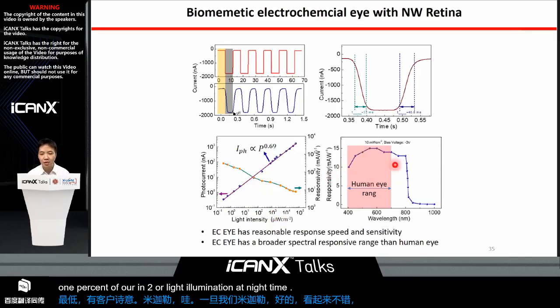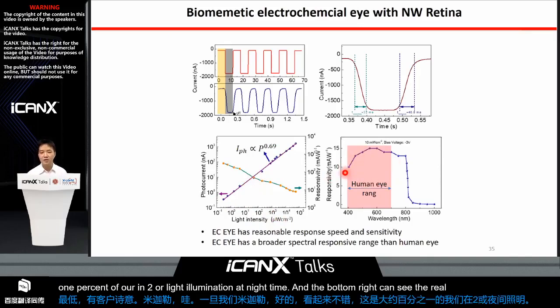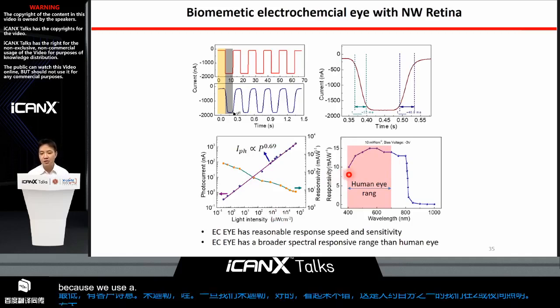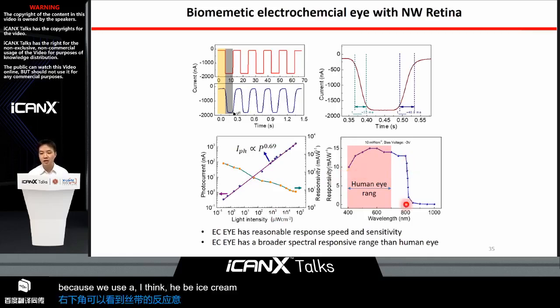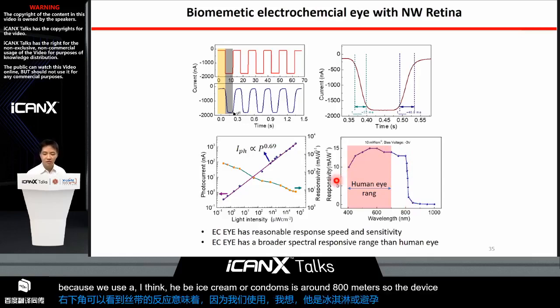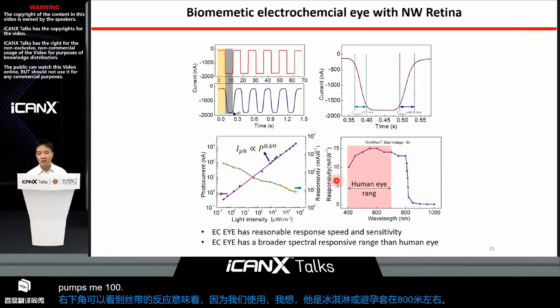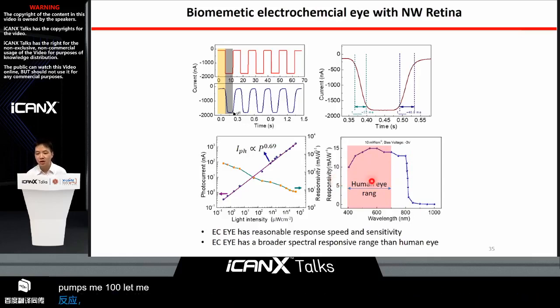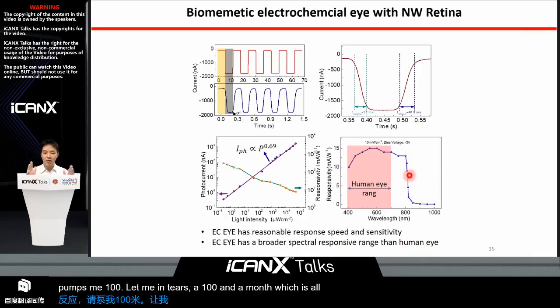And on the bottom right, you can see the wavelength response range. Because we use FAPbI3, the cutoff wavelength is around 800 nanometers. So the device can respond roughly from 300 nanometers, a little bit of UV, to 800 nanometer wavelengths, which is already broader than our human eye.